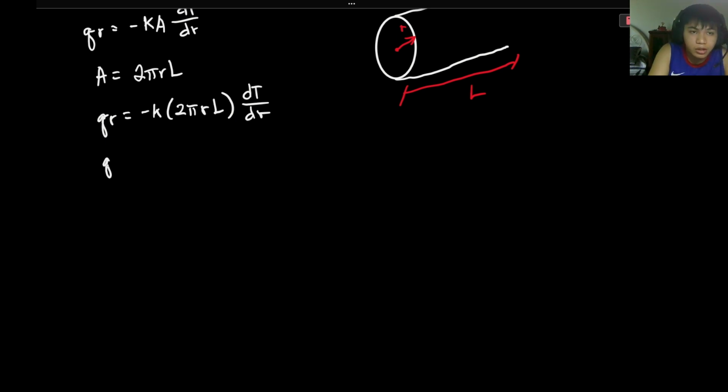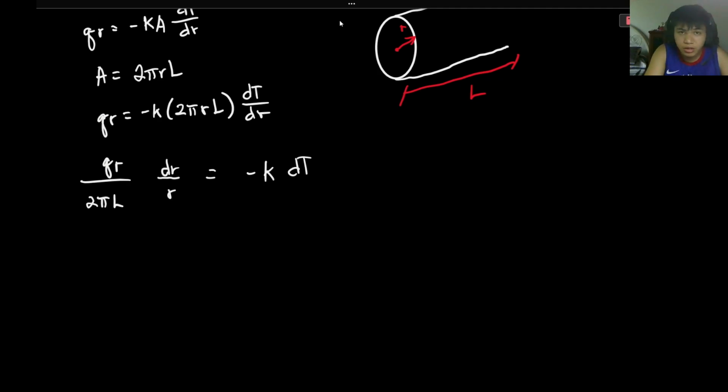So that will be QR over 2 pi L. The r we will put with dr to integrate it, so that would be dr over r. And that's equal to negative k dT. Now we have a familiar looking equation, and now we integrate both sides.